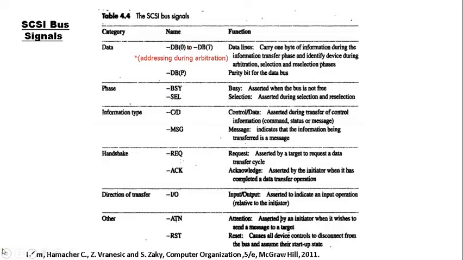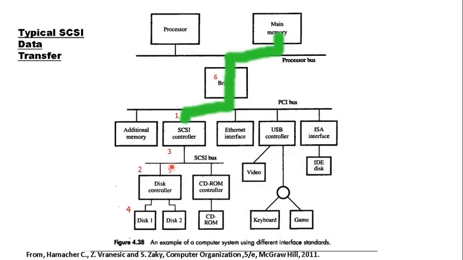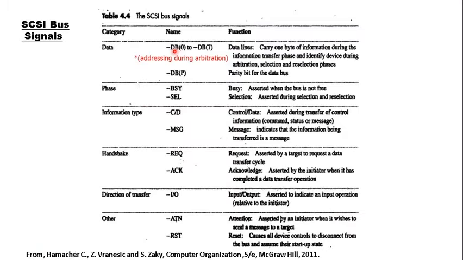So under a SCSI controller there can be around 7 subcontrollers. Why? Because we have DB lines addressed from 0 to 7, so it means 8. Each device will be given a particular line, like the initialization device select line in PCI.